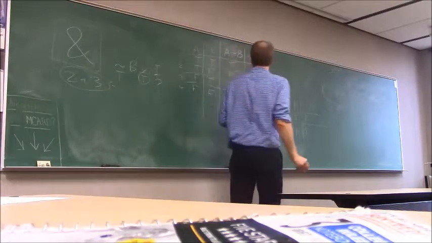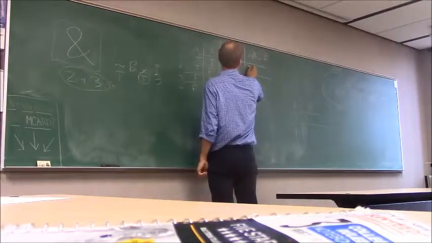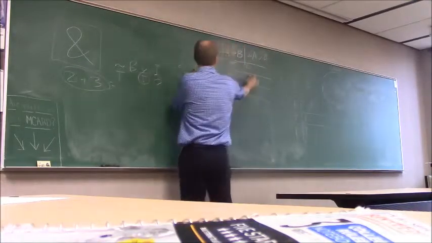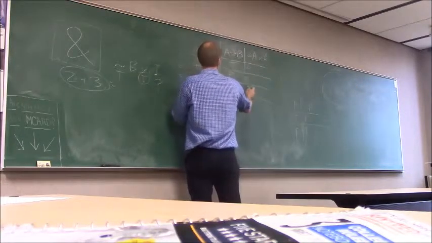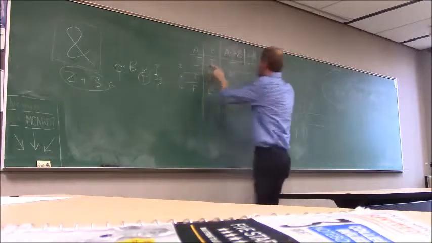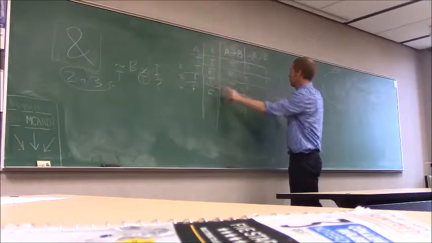Well, A is true, so not A is false. Next one, A is true, so not A is false. A is false, true. A is false, true. B is true, false, true, false.